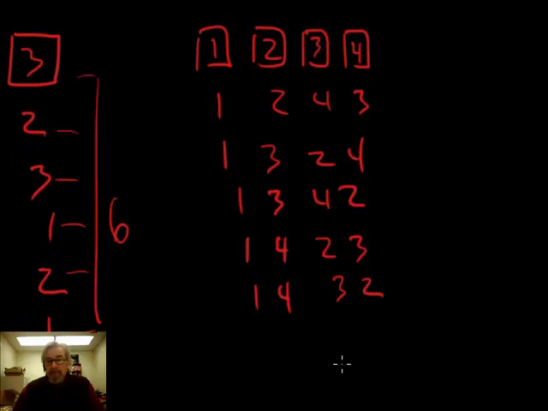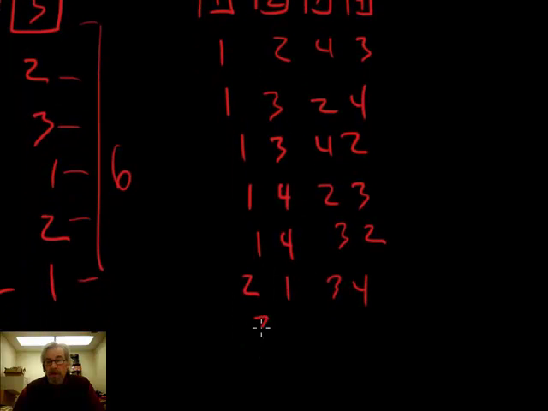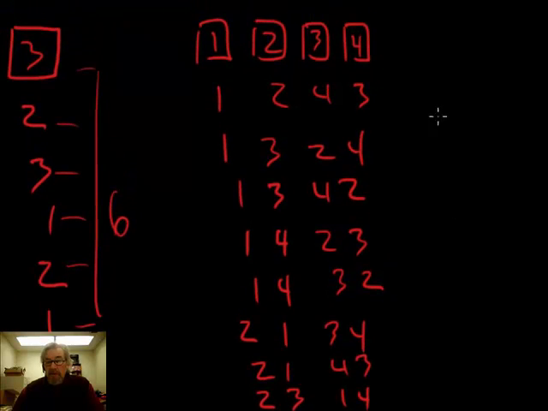Or I could start with 2, and I could have 2, 1, 3, 4, or 2, 1, 4, 3. I could have 2, 3, 1, 4, and 2, 3, 4, 1. I could have 2, 4, 1, 3, and 2, 4, 3, 1.